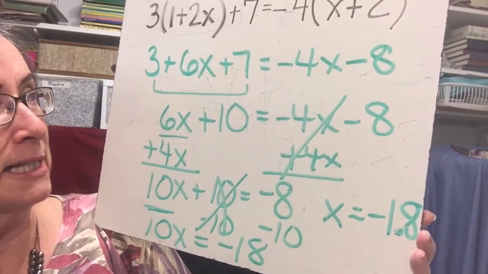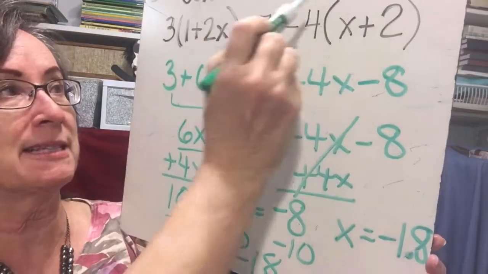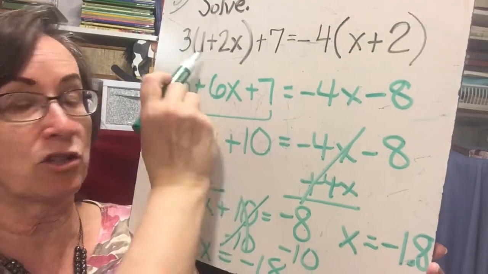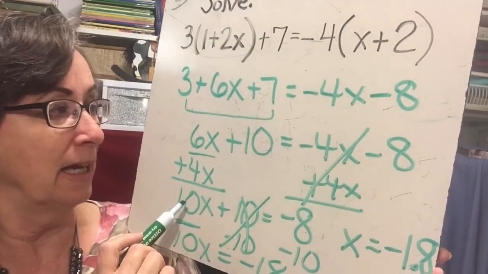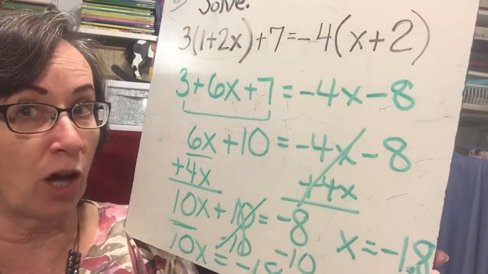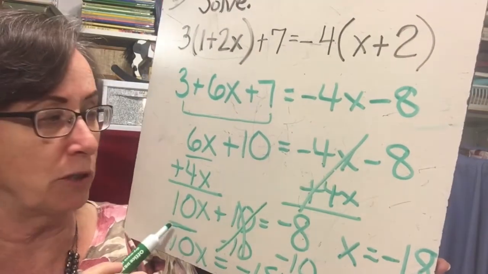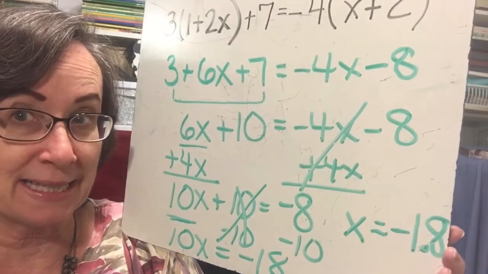Okay, so now let's just think about our steps. I checked to see if my parentheses could be consolidated, but they couldn't, so I distributed. I simplified. And then I start looking for where are all my x's because I want to get all my variables in one spot. So I start to deal with what I'm going to do with my x's. Then I want to get the variable term by itself.